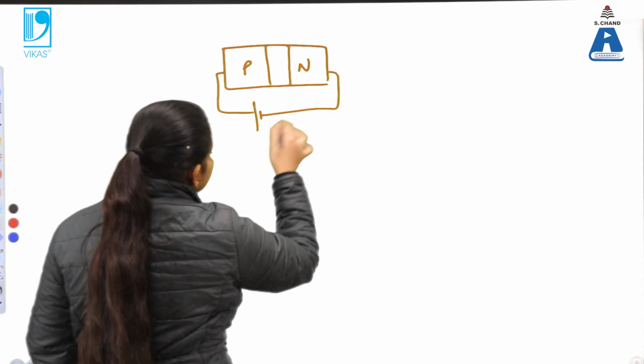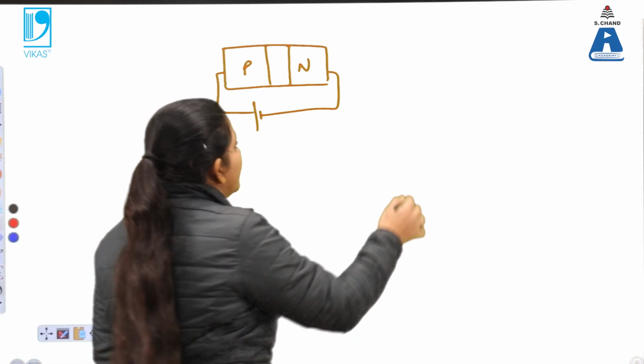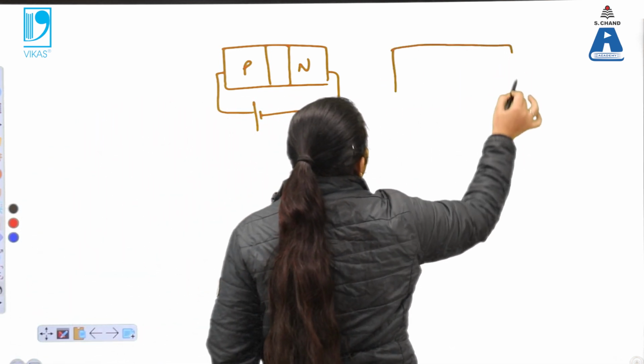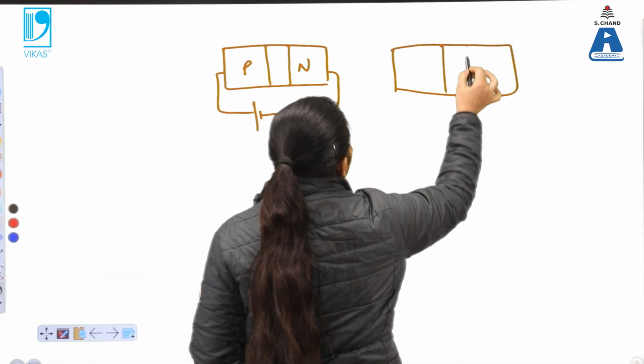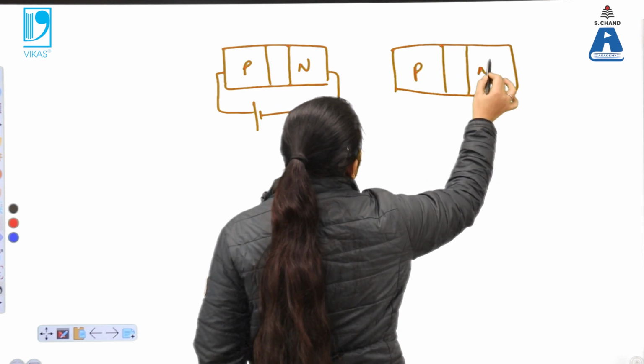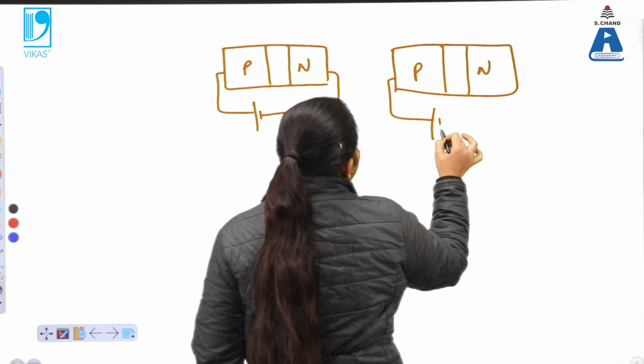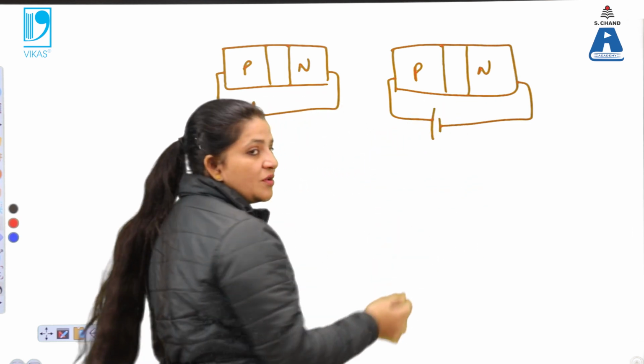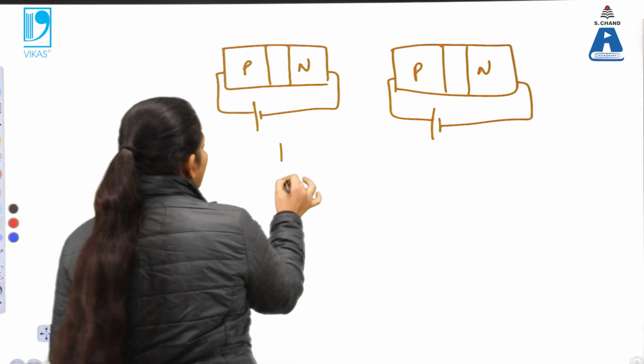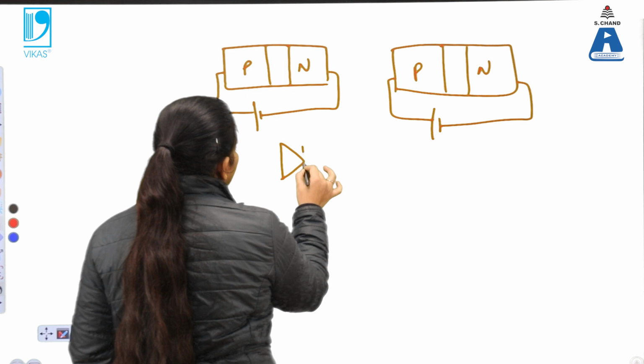P is connected to the positive and N is connected to the negative. And again, this is a heavily doped material, which is our Zener diode. So both are represented the same. We can say there is no difference between these two.